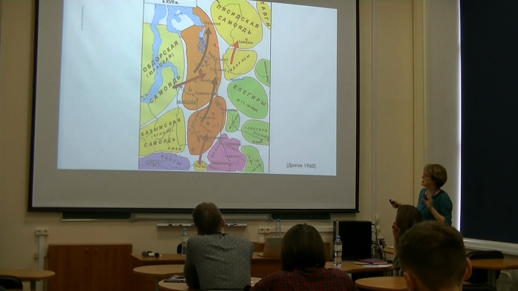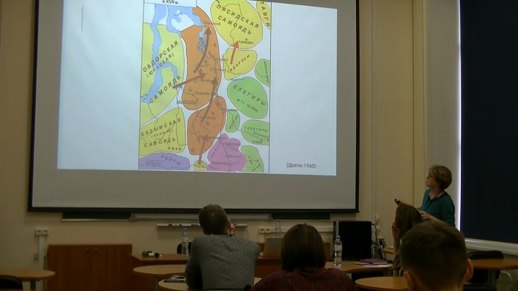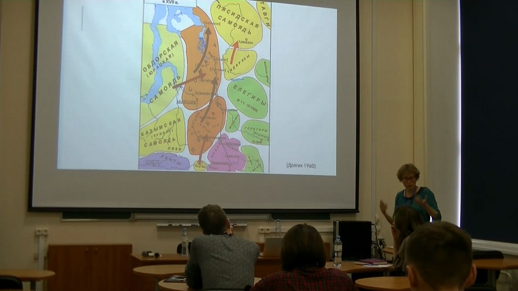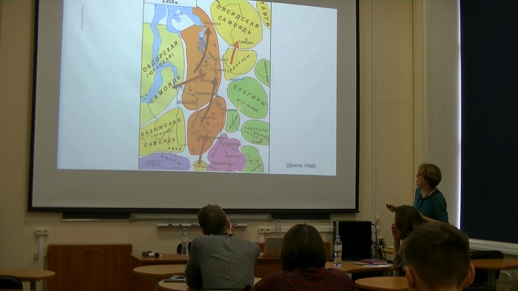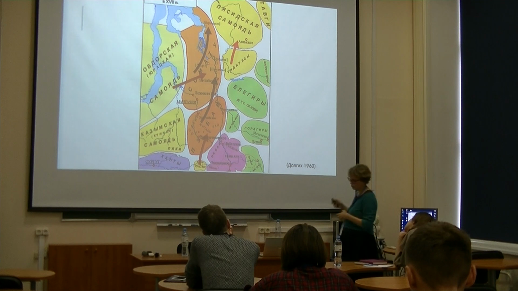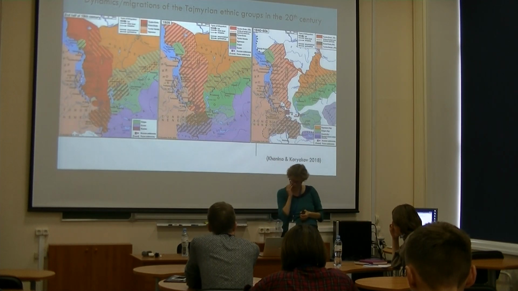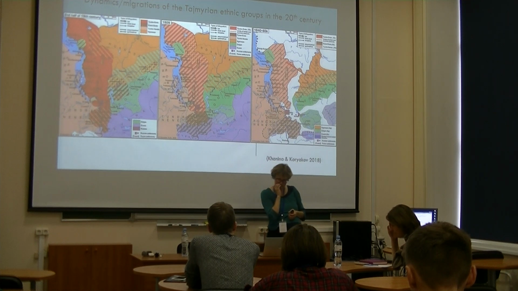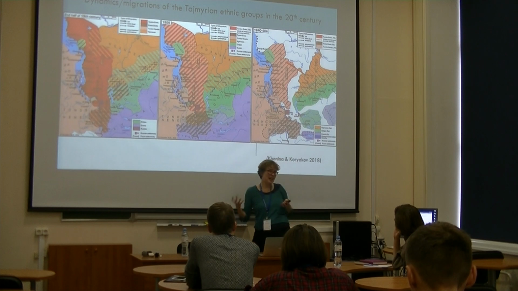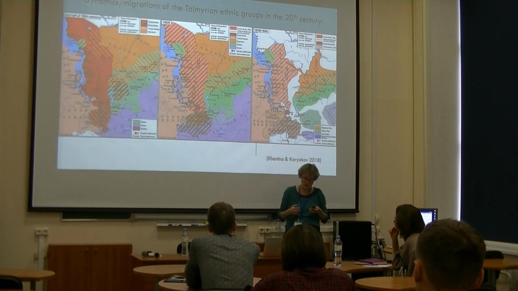But then by the 19th century, these were the Nganasans who lived in this territory and who belonged to the same clans as these two. And this is the Evenkis, which also moved further north. And this is kind of how the traditional territories changed during the 20th century.